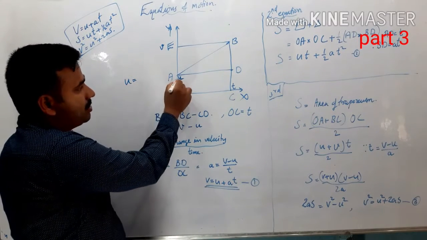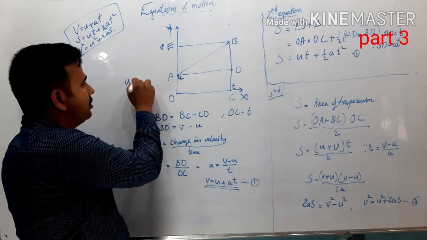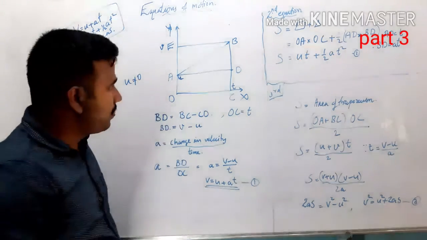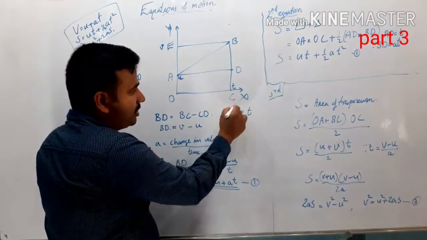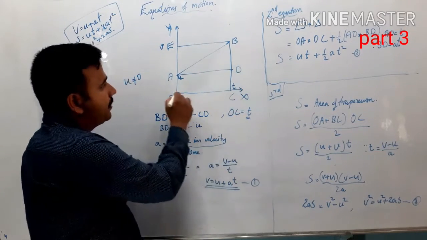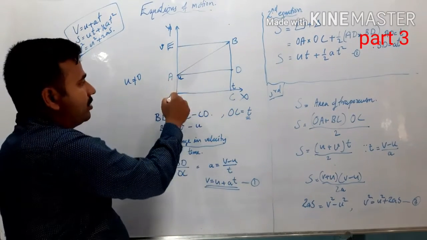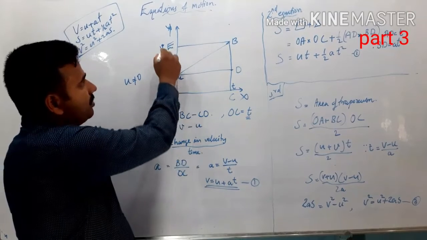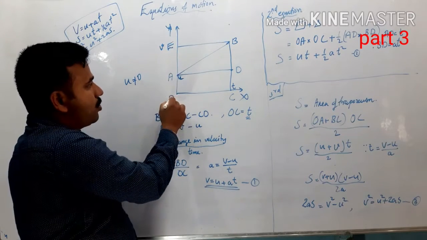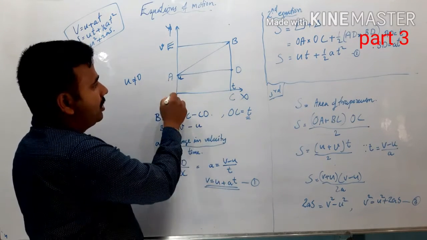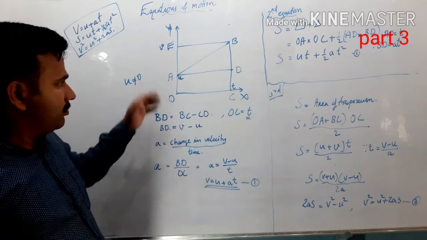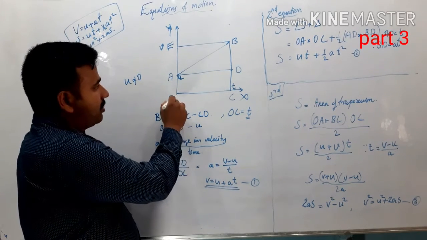The initial velocity of the object is not zero, and here OC represents time, OE represents final velocity, OA represents initial velocity. Look at these things again.